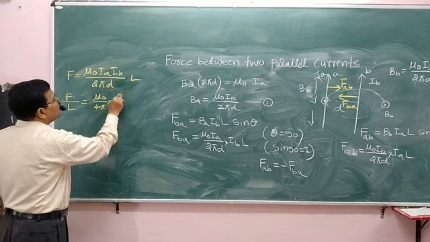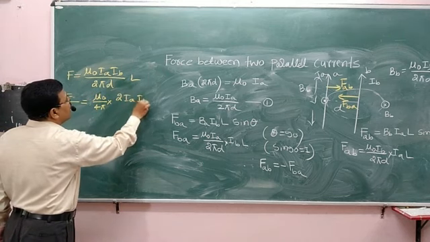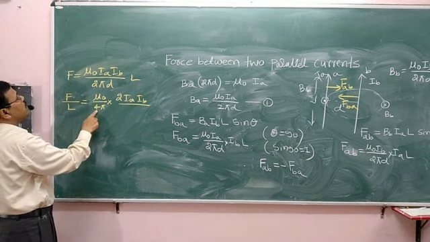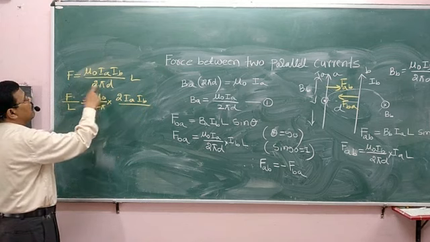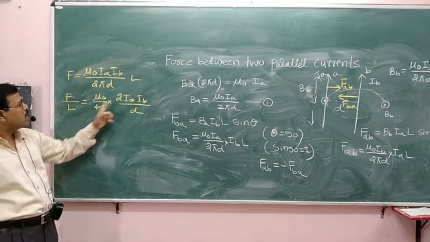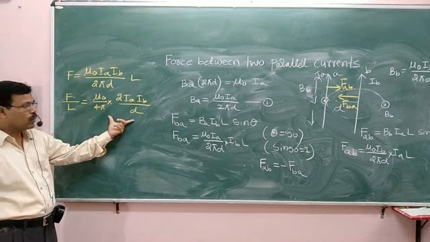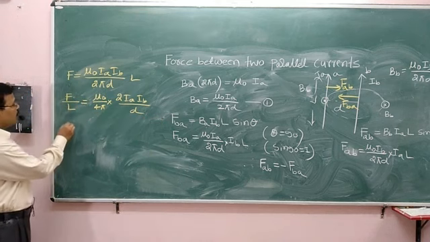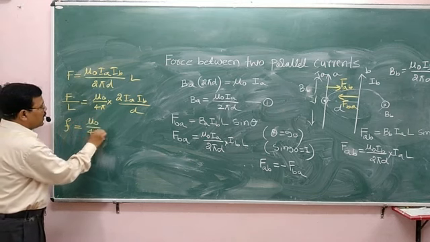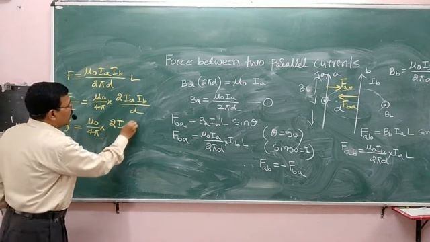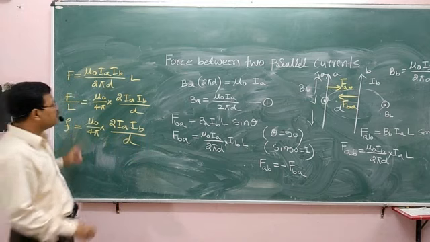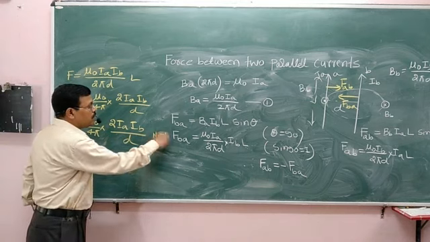pi into 2 Ia Ib divided by D. I have adjusted the 2 here, pi is brought here, what is left out here is D. 2 ones are 2, 2 twos are 4, you get 4 pi D. So this force per unit length, we call it F. F is equal to mu naught by 4 pi into 2 Ia Ib divided by D. So the SI unit of this force is Newton per meter.